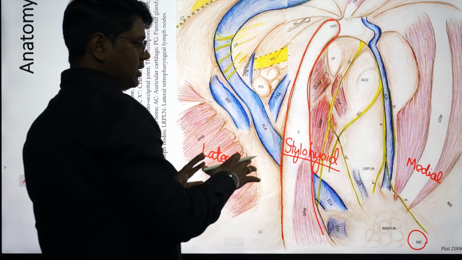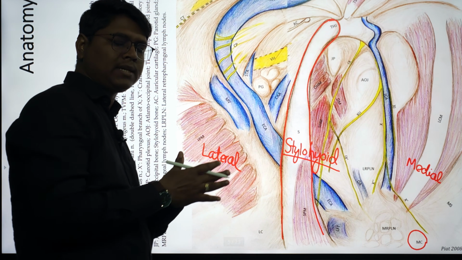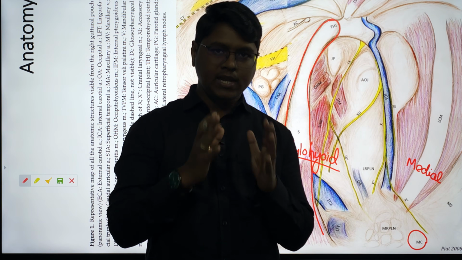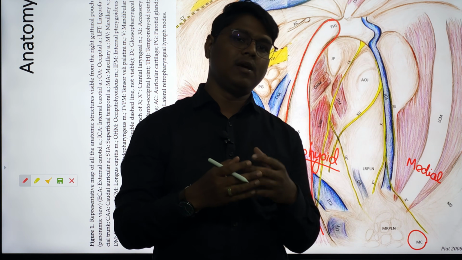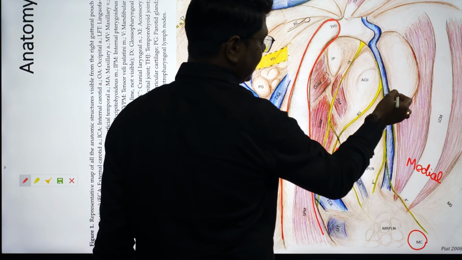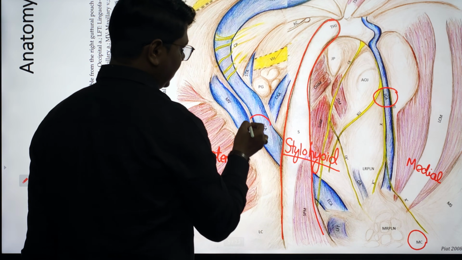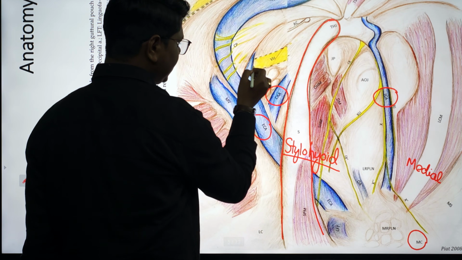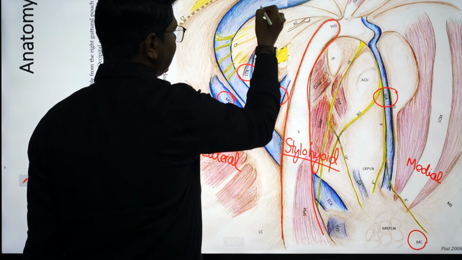What are the structures found in the chamber? Most importantly, you have to remember that many important cranial nerves, as well as the vessels supplying the brain, pass through this guttural chamber: vessels like the internal carotid artery, external carotid artery, common auricular artery, temporal artery, maxillary vein and maxillary artery.